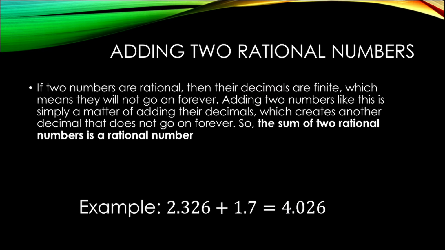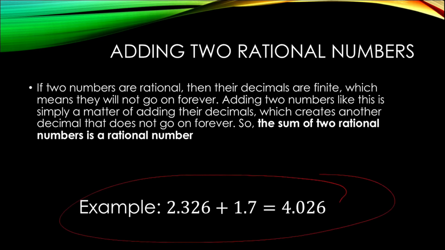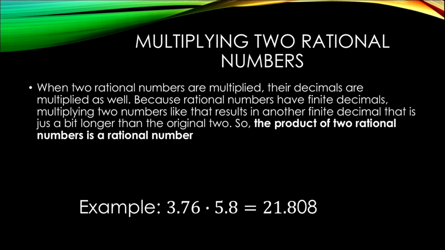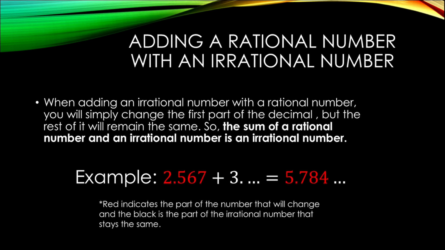So when we add two rational numbers, 2.326 and so on, I still get a rational number, right? The sum of two rationals will stay rational. Multiplying, same logic, they will stay rational. And then adding the rational with the irrational, my continuing decimals are the things that get me.